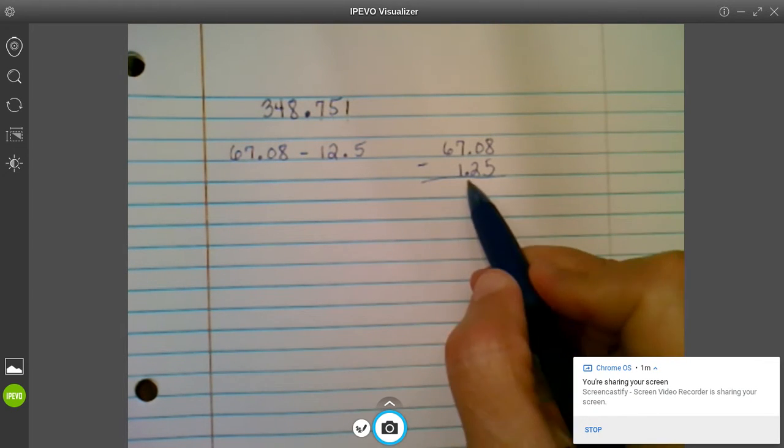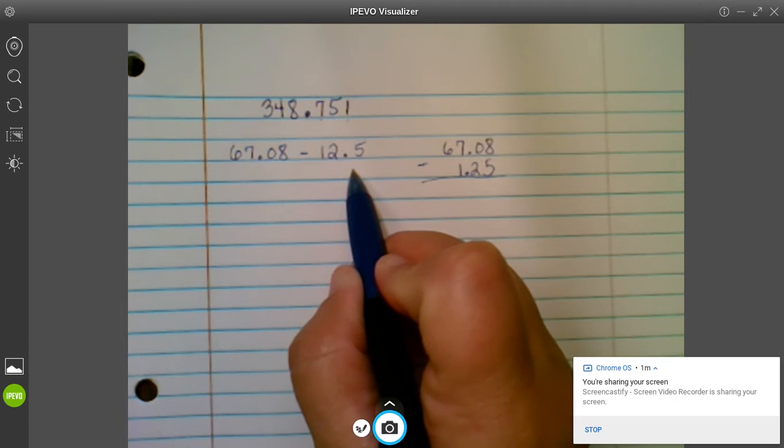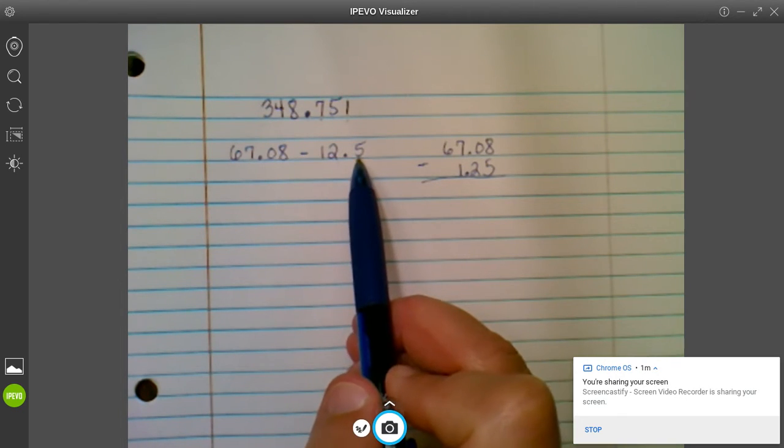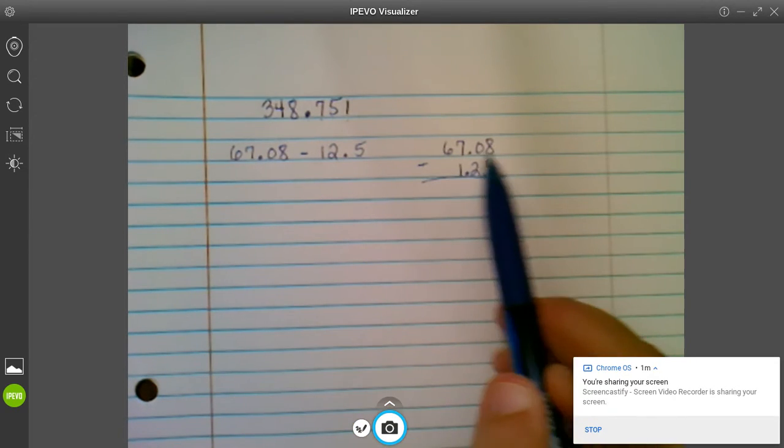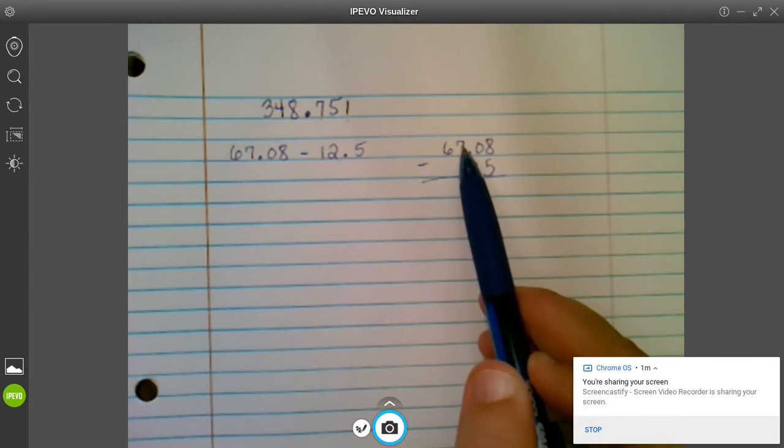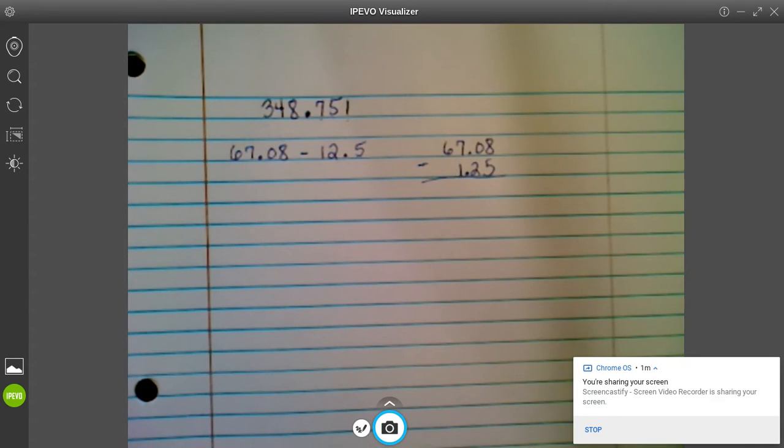This number is not the same as this number. But because this has 1, 2, 3 numbers, and this has 1, 2, 3, 4 numbers, we tend to just line up these 3 numbers with these 3 numbers, and that is not correct.